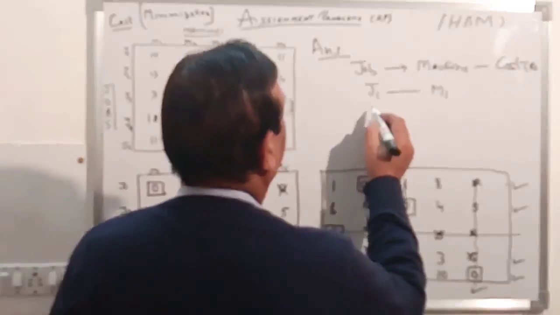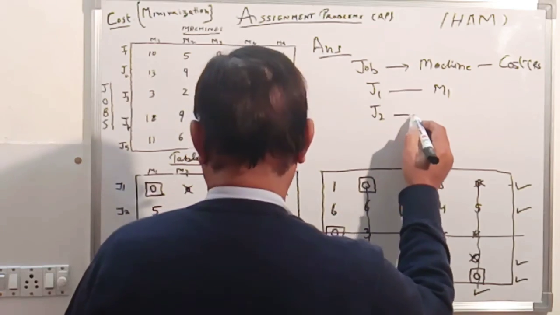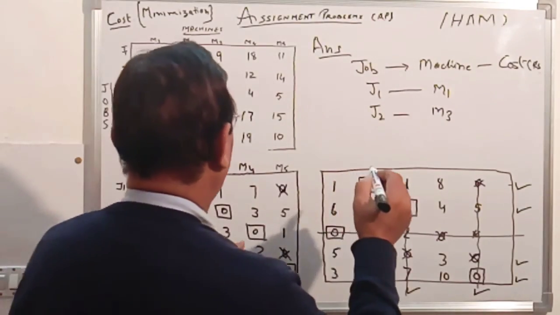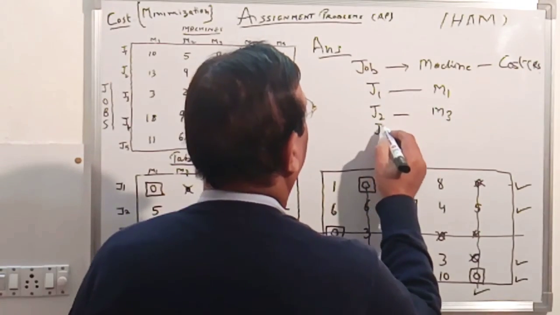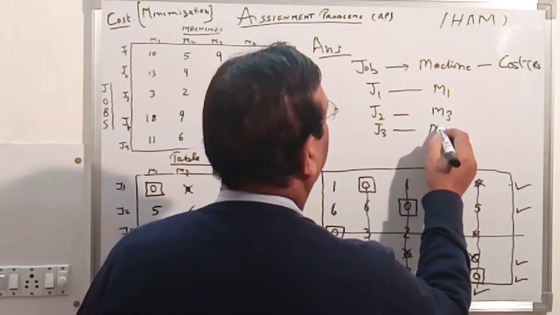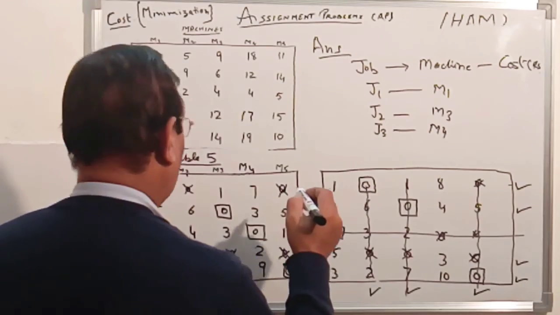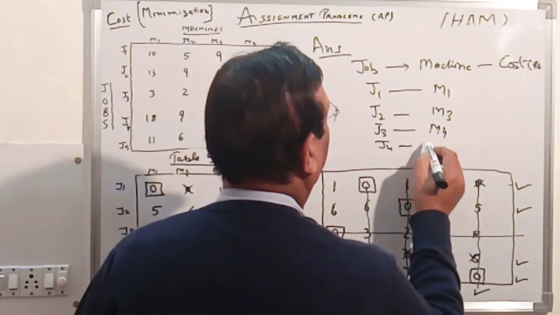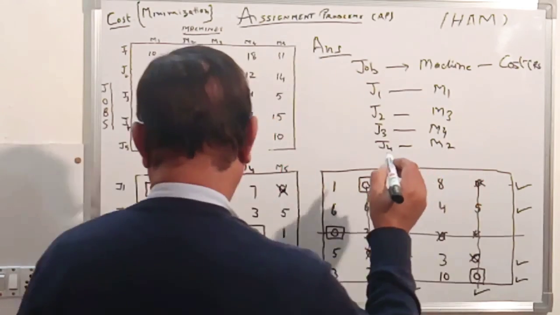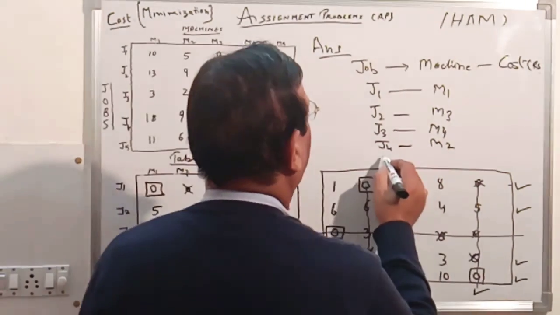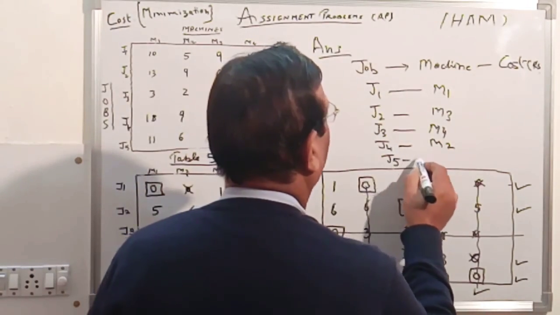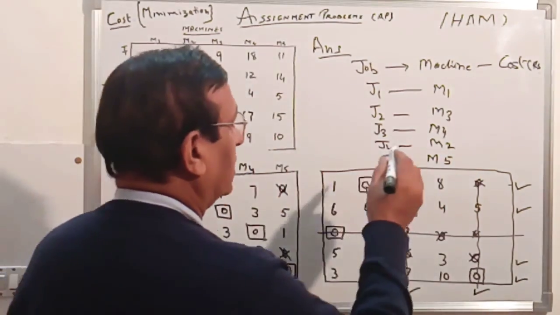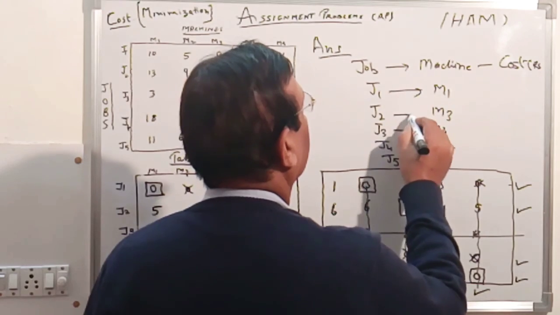Job 2 to machine 3. Job 3 to machine 4. Job 4 to machine 2. And job 5 to machine 5. This is your assignment.